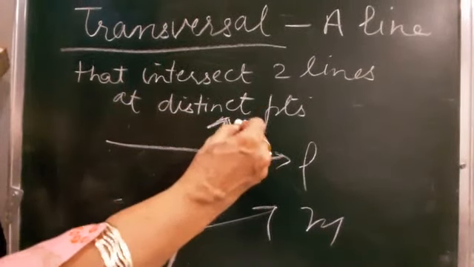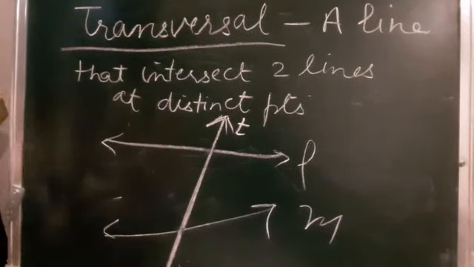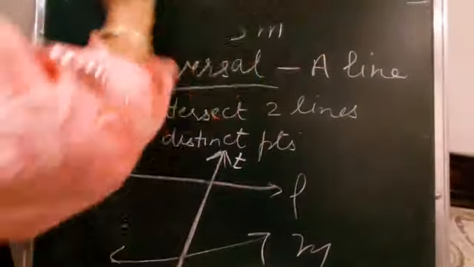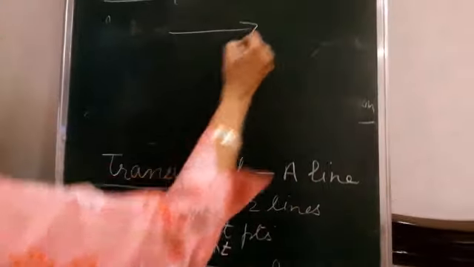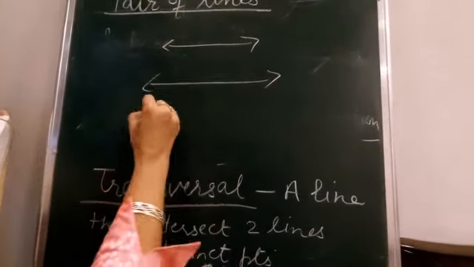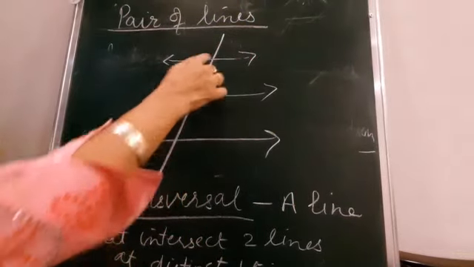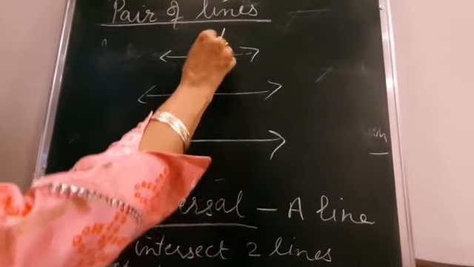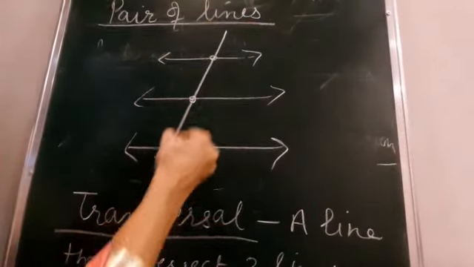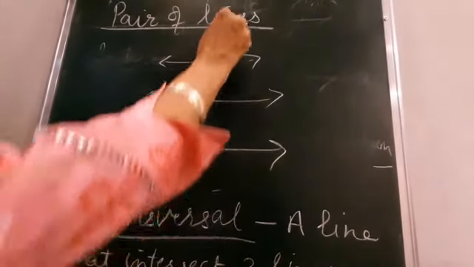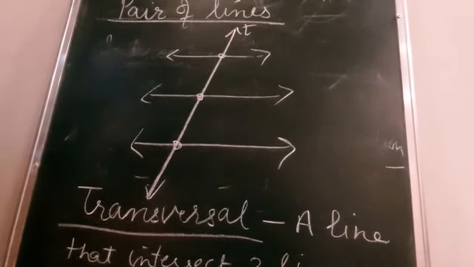I am giving the name of this line T. Now if more than two lines are there, like one line, two lines and three lines, and a line intersects these three lines at three different points, at three distinct points, this is transversal. This is called transversal, T. I have given it the name T.